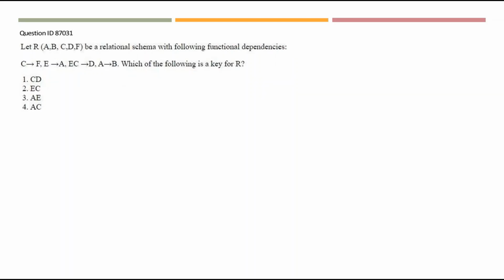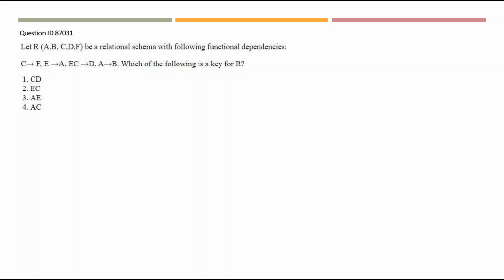Next question, let R(A, B, C, D, E, F) be a relational schema with following functional dependencies. So they have given few dependencies and they are asking which of the following is a key for R. Every option will be denoting a key. We have to find which is the correct key for R. So we will evaluate every key and find whether we are able to get all the attributes of relational schema.